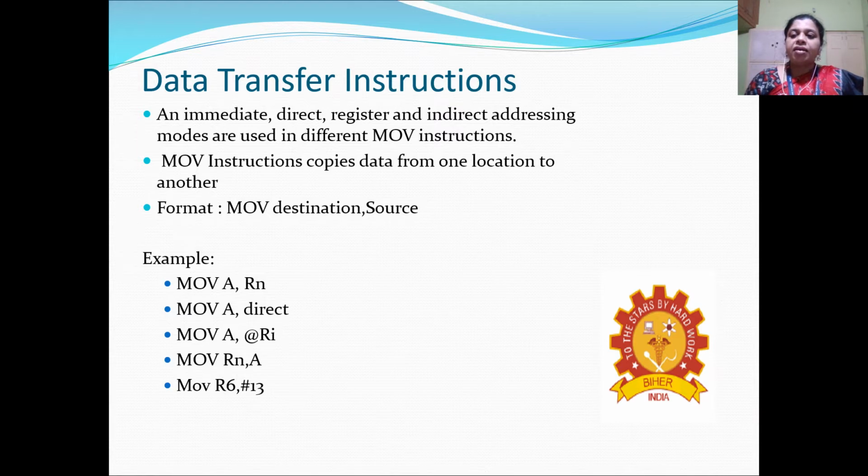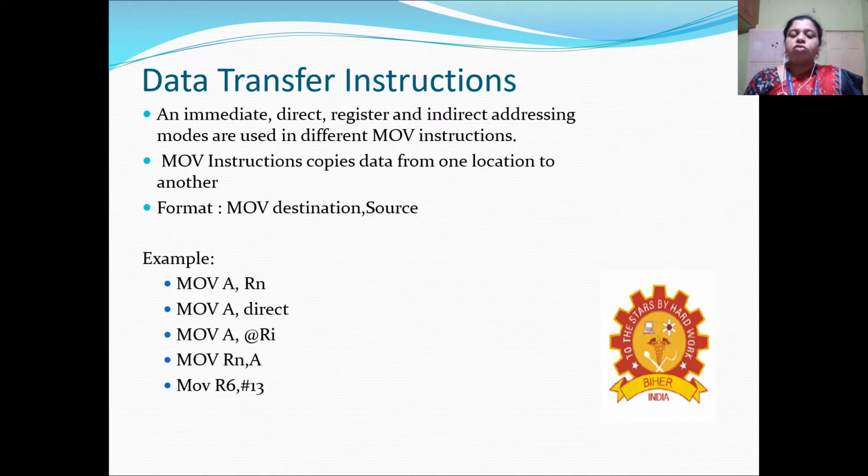Direct here means the memory location, so the content from that memory location will be moved to the accumulator. Next, MOV A, @Ri, meaning the register holds the memory location, and the data from that particular memory location, that is indirect addressing, is moved to the accumulator.